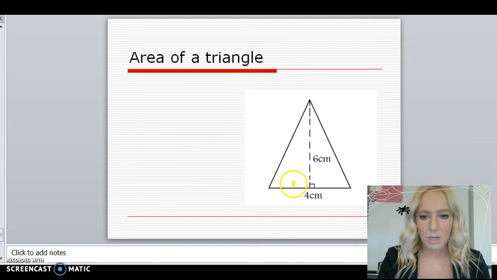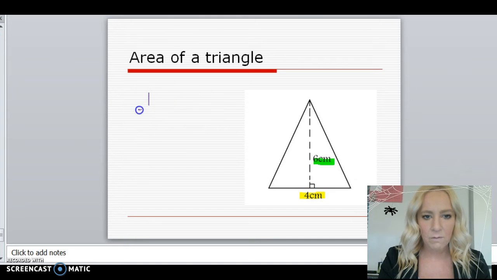In this example here, our base is 4 centimeters and our height is 6 centimeters. So we're going to take 1/2 of the base times the height. When you take 1/2 of something, another way of writing it is dividing it by 2.